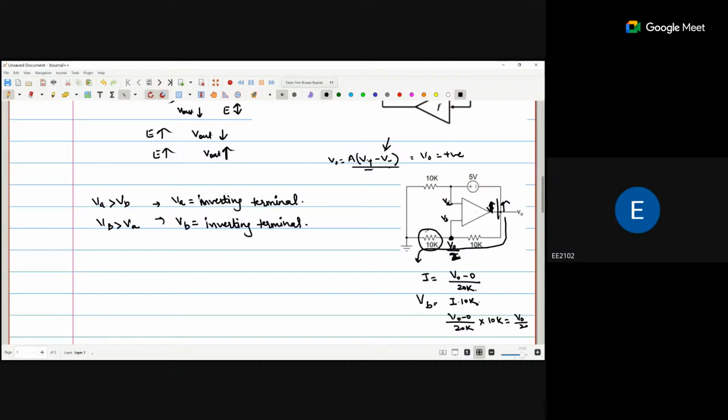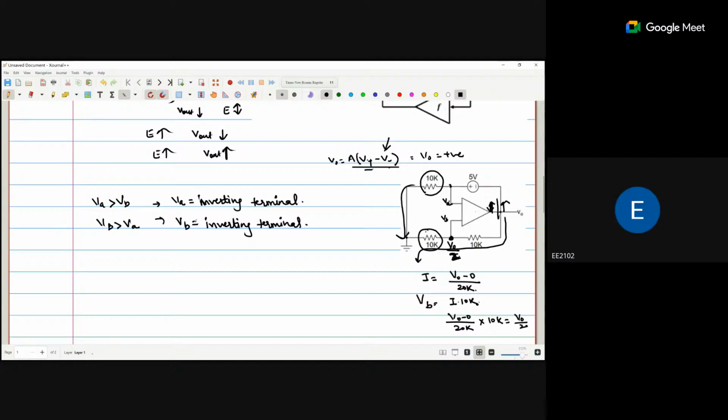Clear? Now if I take this output terminal, V naught and this 5 volt are also added in that one. Why? Because the polarity is negative to positive. So that is V naught plus 5, and all the voltage will drop across this resistor, because after that there is the ground.